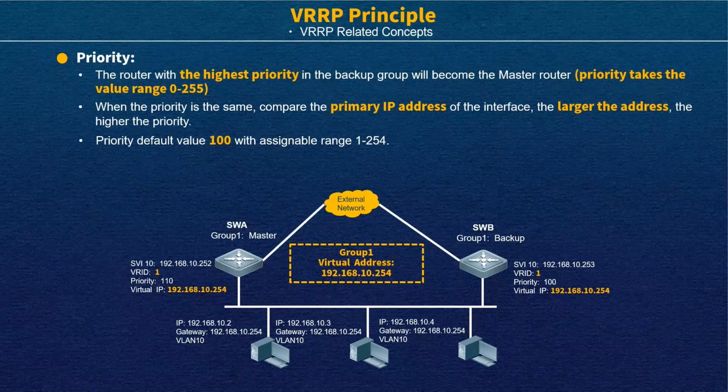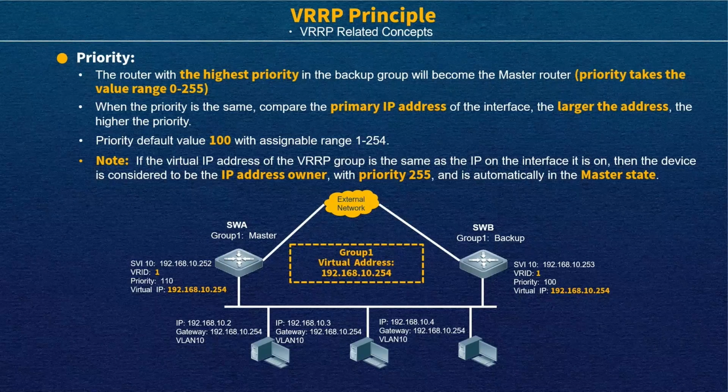And 255 has a special meaning: it belongs to the IP address owner. So if you want to use the command to change the priority, the range is from 1 to 254. The IP address owner will immediately become the master, and we skip the comparison of the priority and the IP address.